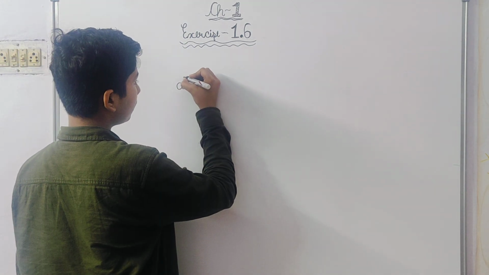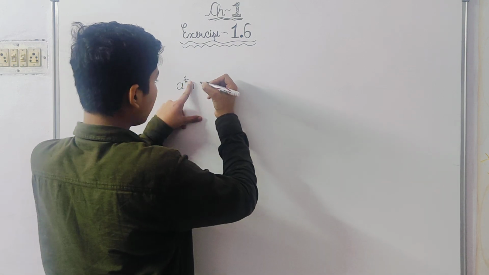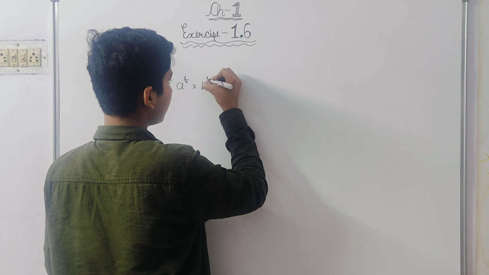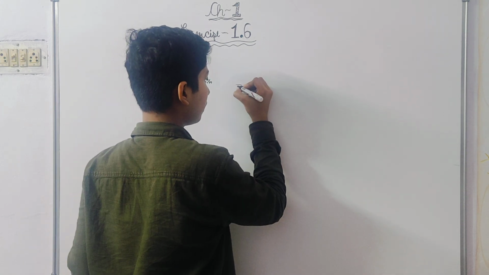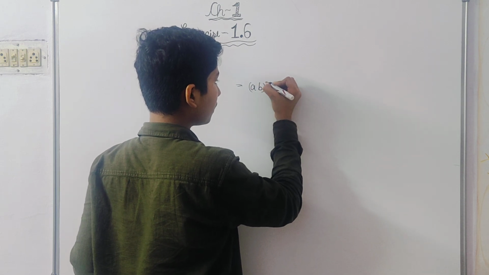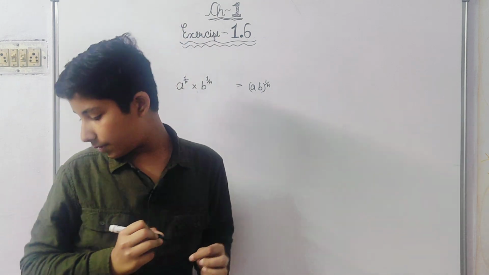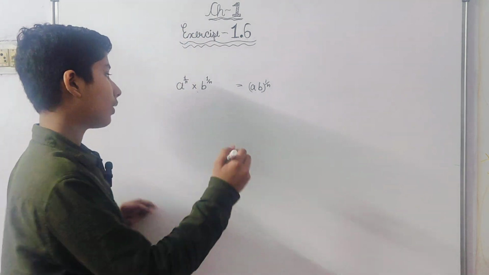a to the power 1 by n into b to the power 1 by n, so it would be ab to the power 1 by n. And one more can be used here according to the question.